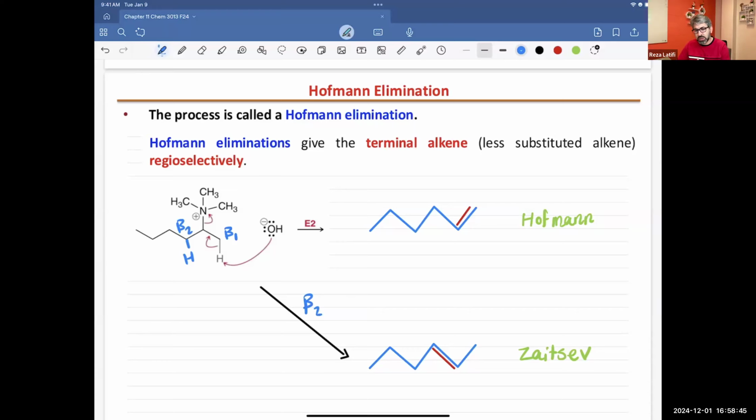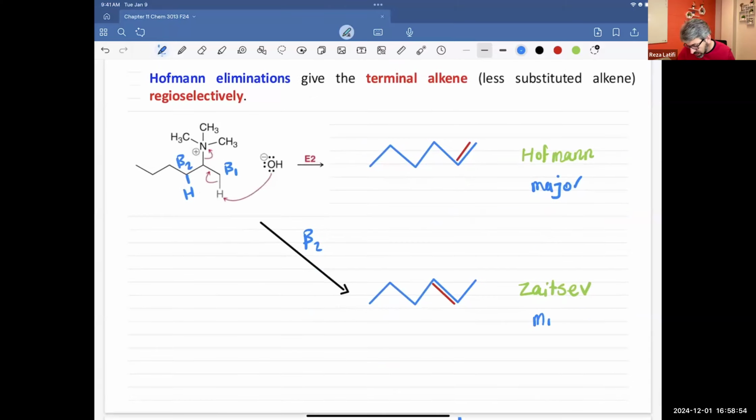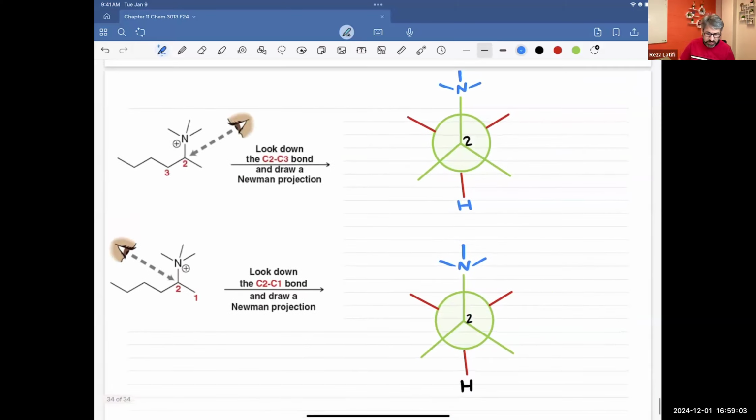We know Zaitsev product is more stable than Hofmann, but Hofmann is going to be the major product. This one will be the minor product. I want to know why Hofmann product is going to be the major one. So let's look at the difference between those 2 hydrogens that I labeled. This one is beta 1, and this hydrogen we're going to call beta 2.